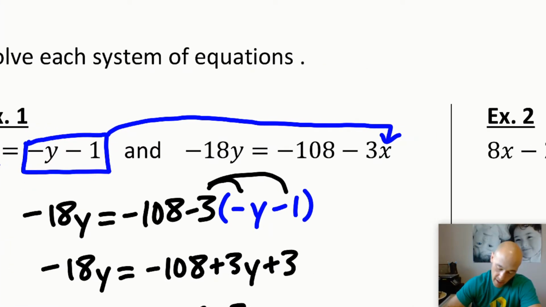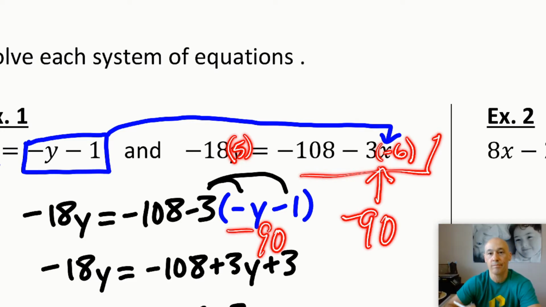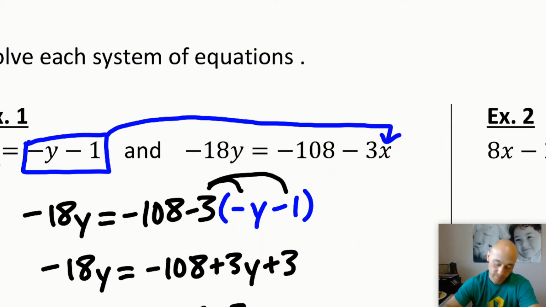And here, if I plug in negative 6 and 5, I see this side is plus 18, so this is going to be negative 90. And on the other side, negative 18 times 5 is also negative 90. All right, that was a quick one.